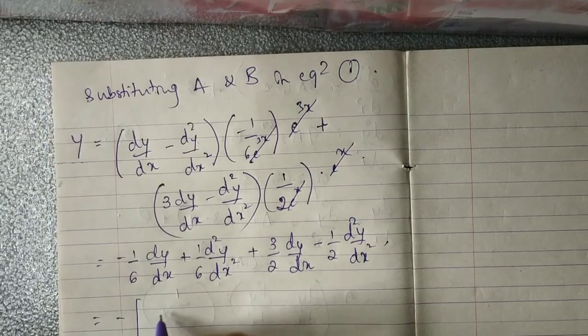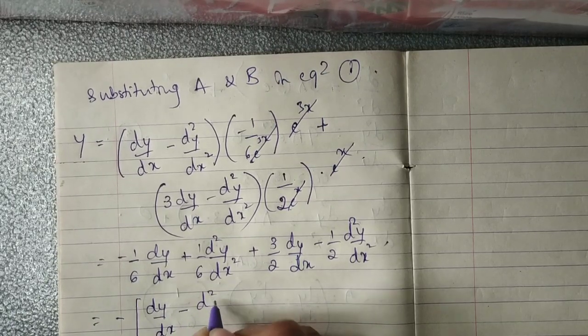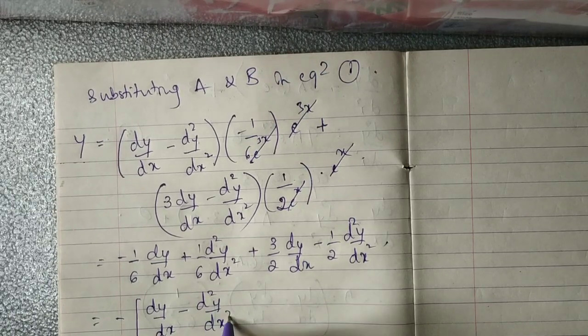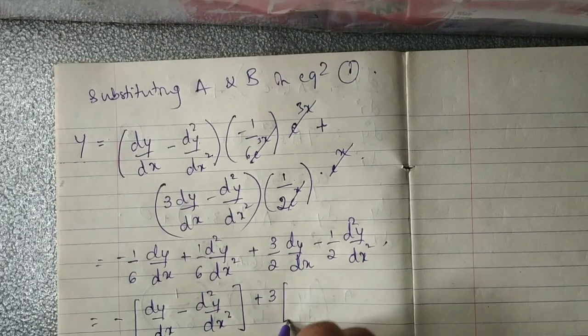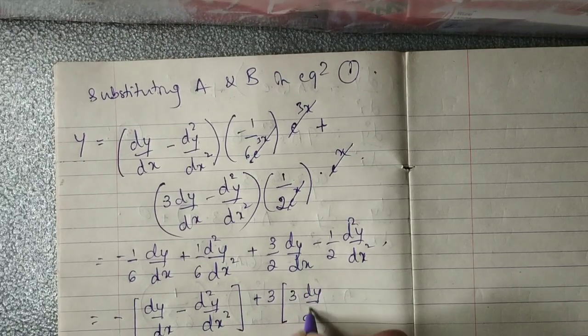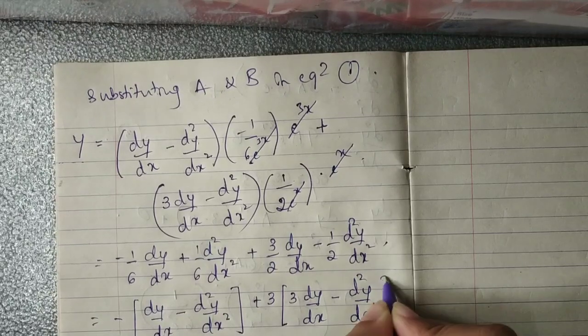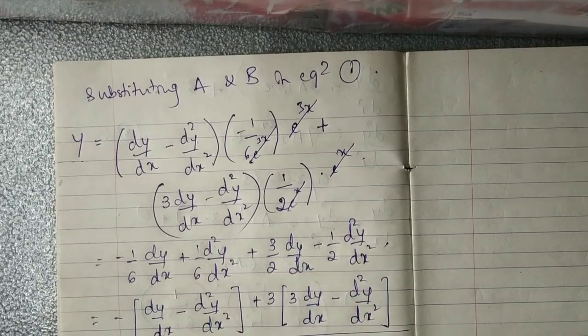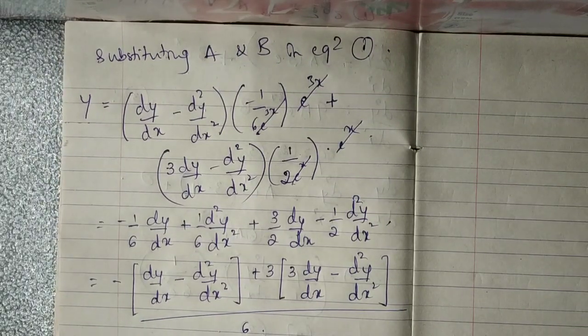Minus, if we keep outside, dy by dx minus d square y by dx square, plus 3 times dy by dx minus d square y by dx square, whole divided by 6. Okay, I am just solving.